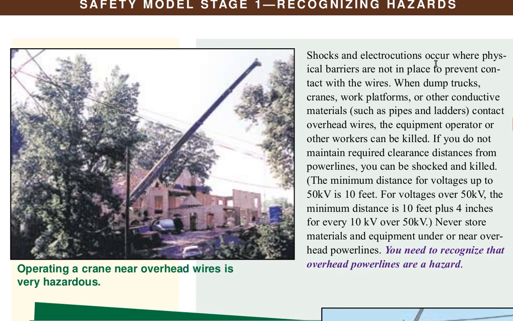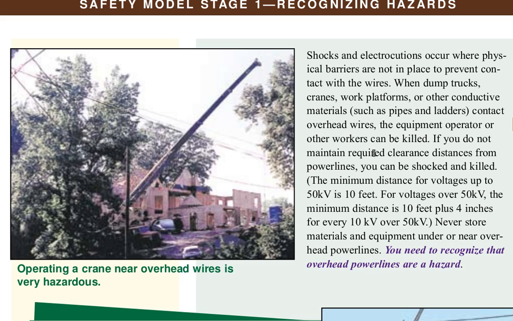Shocks and electrocutions occur where physical barriers are not in place to prevent contact with the wires. When a dump truck, crane, work platform, or other conductive materials such as pipes and ladders contact overhead line wires, the equipment operator or other workers can be killed.